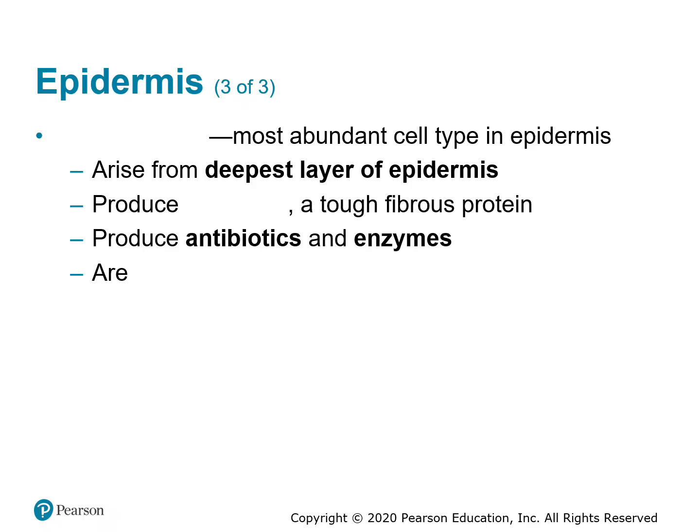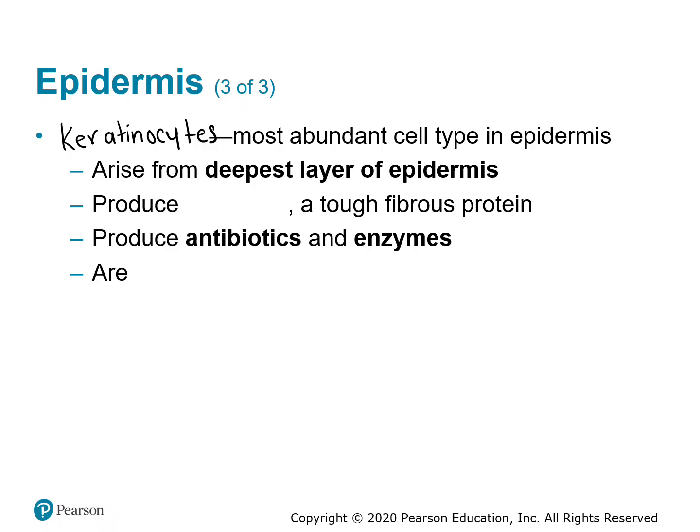The cell type that is most abundant is going to be your keratinocytes. Your keratinocytes start at the deepest layer of the epidermis, and they go up, until at some point they will die because they are no longer getting blood. And towards the top of your skin, every time you slough off some skin, you are sloughing off dead keratinocytes, cells that are full of keratin but are dead.